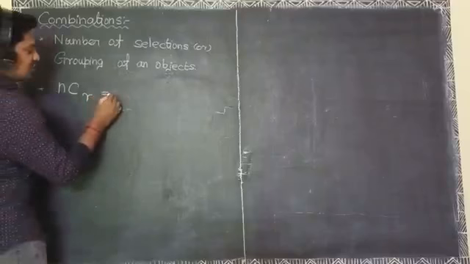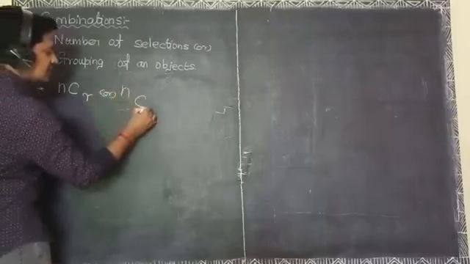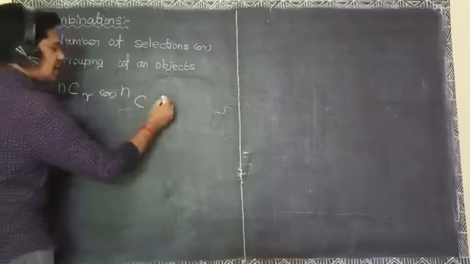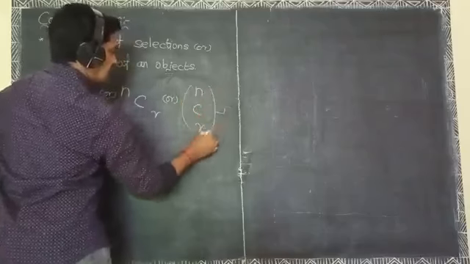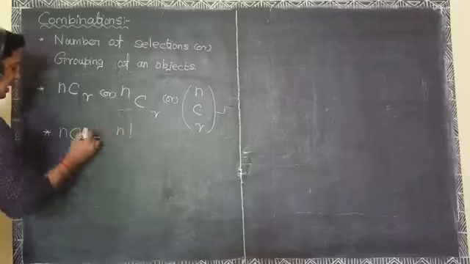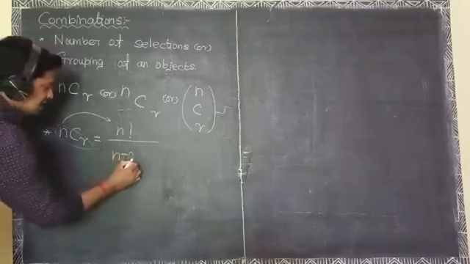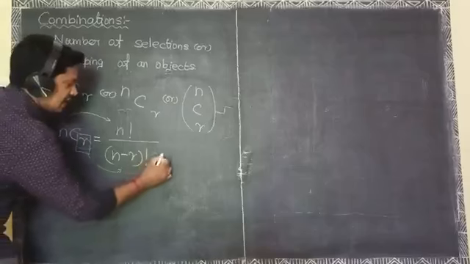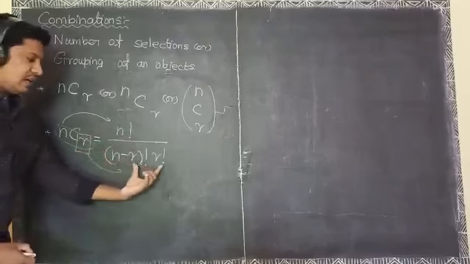Here nCr can be written as n factorial divided by (n minus r) factorial into r factorial.